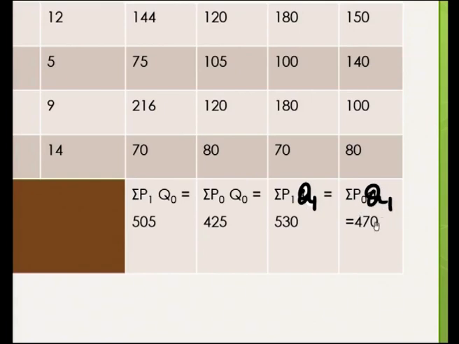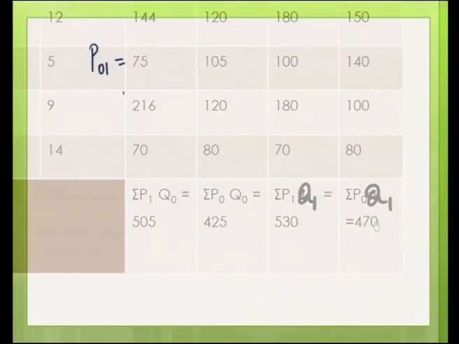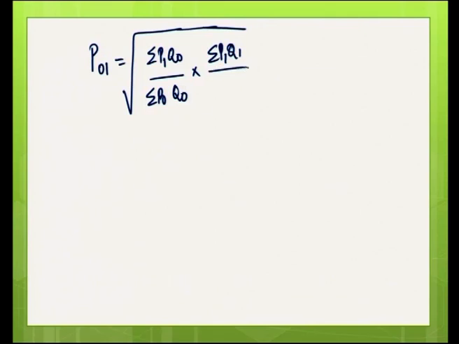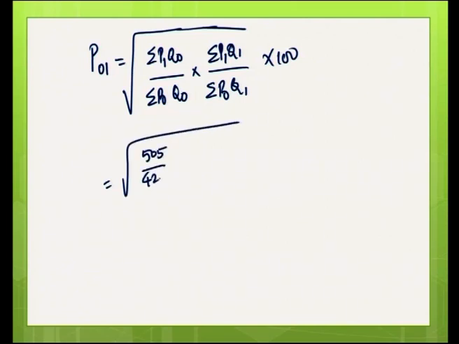Okay. With these summation values we proceed to find the Fisher index formula and see whether it satisfies the required tests asked in the question, that is the time reversal and factor reversal tests. The price index formula is P01 is equal to square root of summation P1 Q0 by summation P0 Q0 into summation P1 Q1 by summation P0 Q1 into 100, is equal to root of 505 by 425 into 530 by 470 into 100.